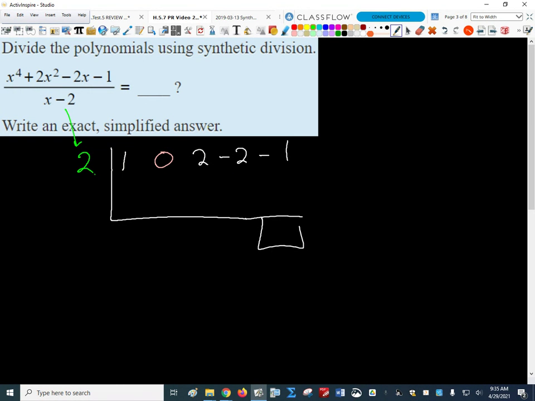Everybody get that to start their process? Remember the zero, right? Because we don't have an x cubed term, so we need to have a 0x cubed there.